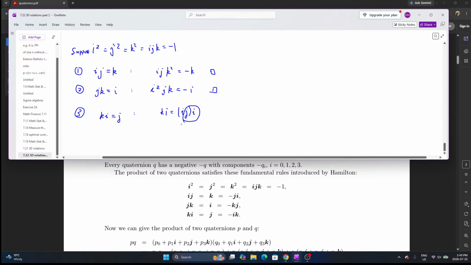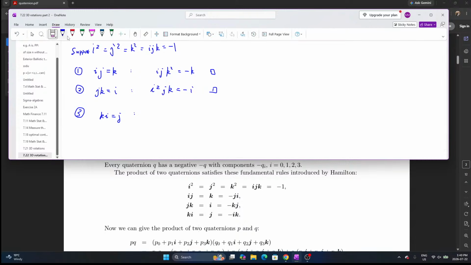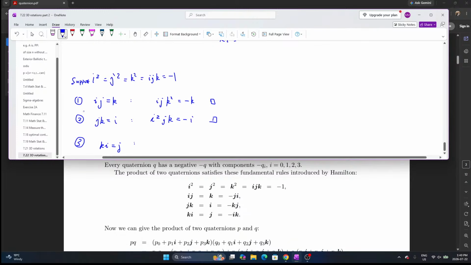Multiply by j. You mean this? Hold on a second. So Hiroshi is saying, I haven't derived it yet, right? So this is the first one, the second one, third one.